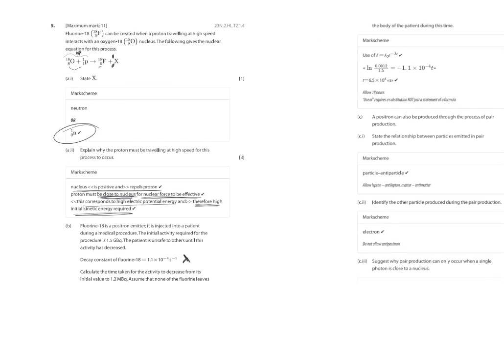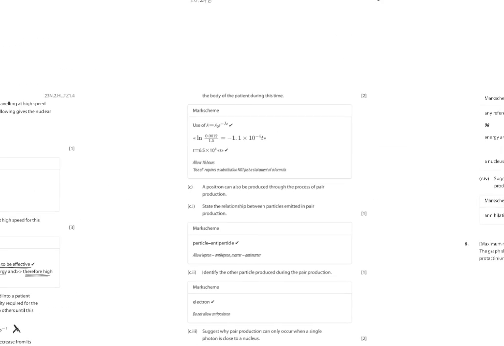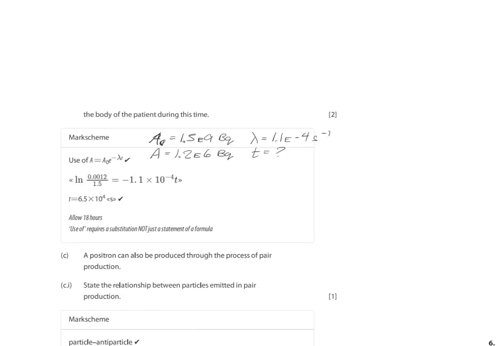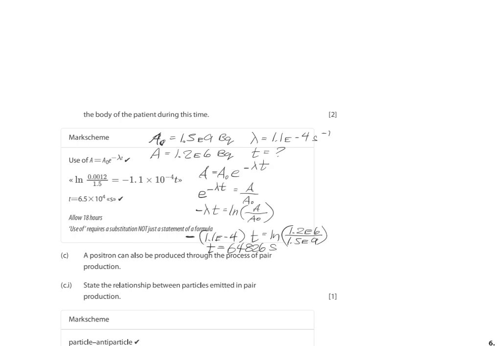All right, so we're going from 1.5 gigabecquerels to 1.2 megabecquerels. We have our starting rate, we have the rate we want to get to, we have the decay constant, and we want to solve for time. So finally, the use of the activity equation that actually makes us solve for time. Knowing the starting rate, the new rate, 1.2 times 10 to the 6, and the decay constant, solving for time: A equals A naught e to the negative lambda t.